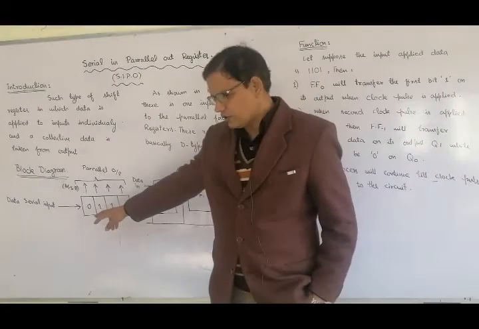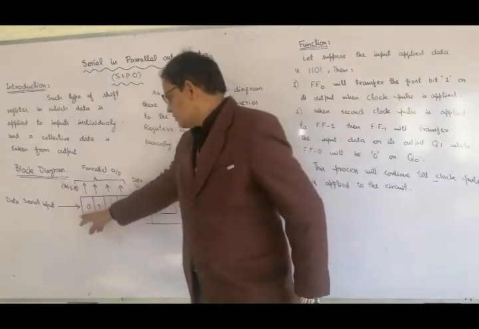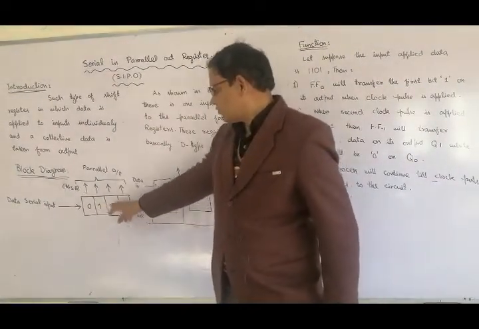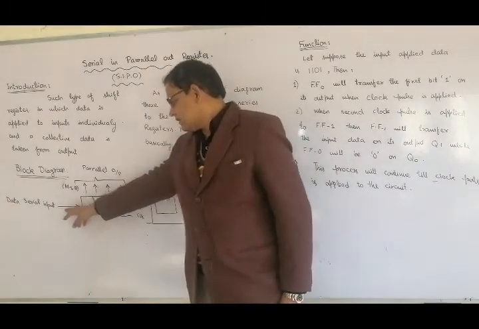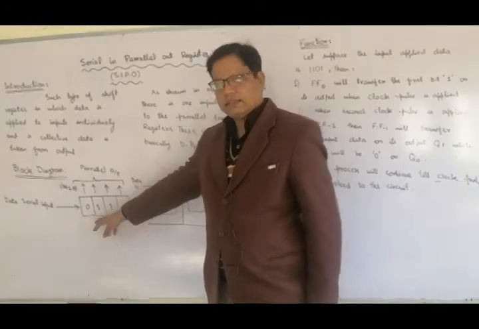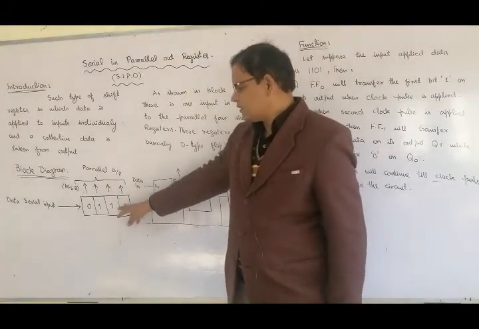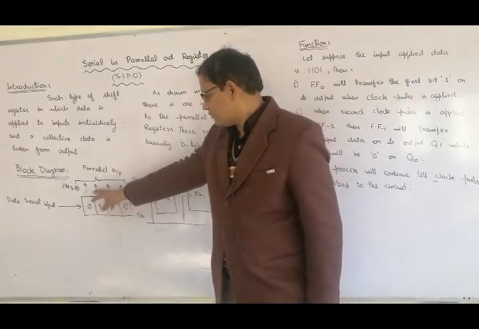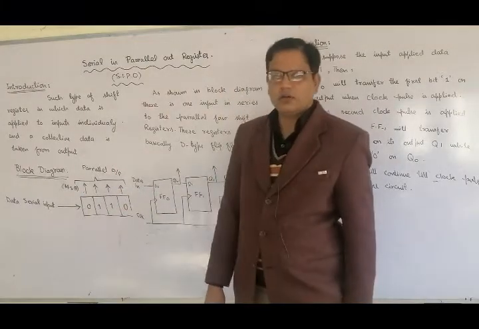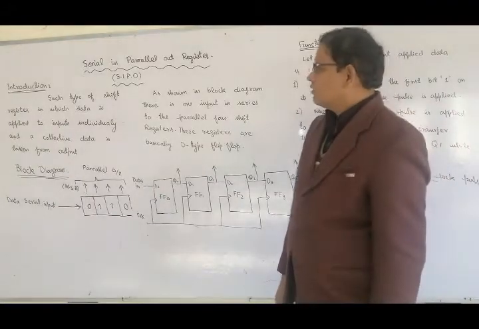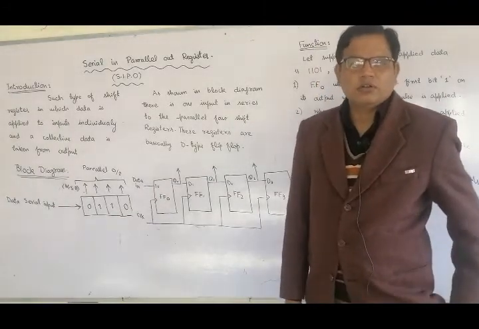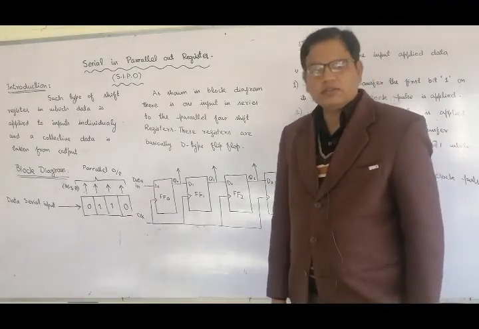As you are watching in this block diagram, 4 shift registers are attached over here, and a single input in serial is connected with these shift registers, and there are 4 outputs. So we will further discuss its introduction.